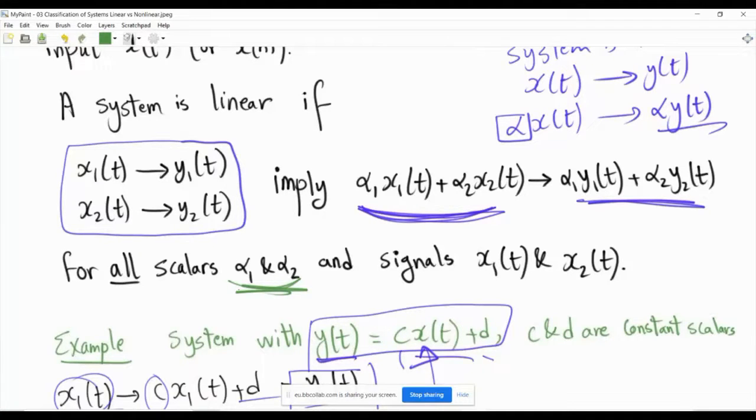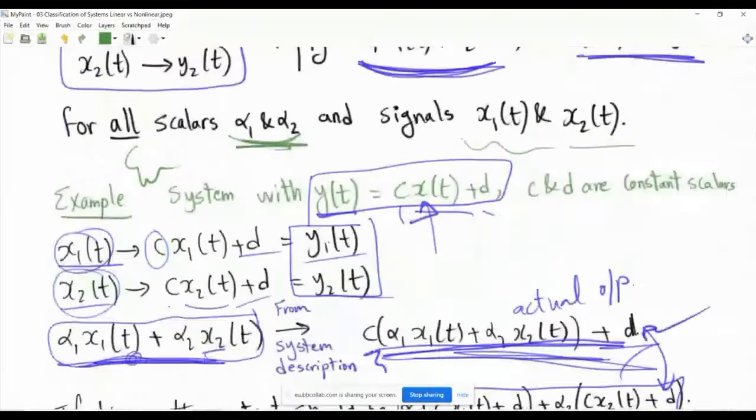Setting alpha 1 or alpha 2 or both to specific values does not mean that the system is linear. You can satisfy linearity for specific values of alpha 1, alpha 2, x1 and x2, but the system is linear by definition only if this property is satisfied for all scalars, all x1 and all x2.